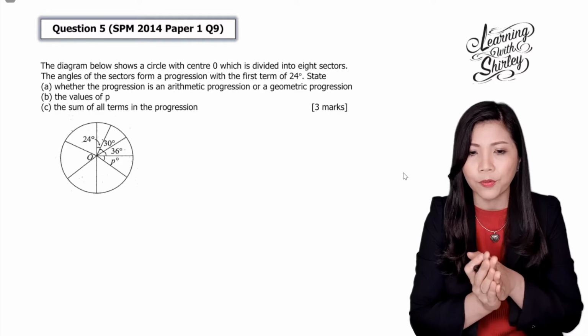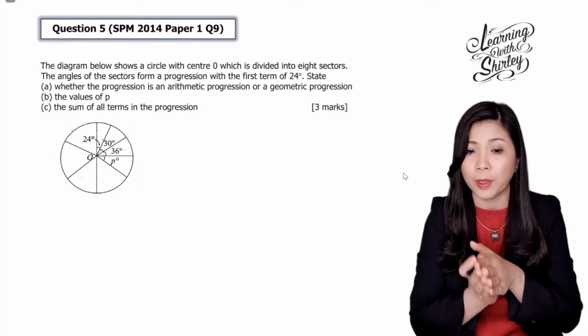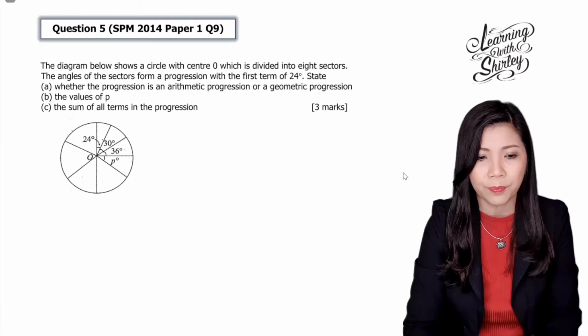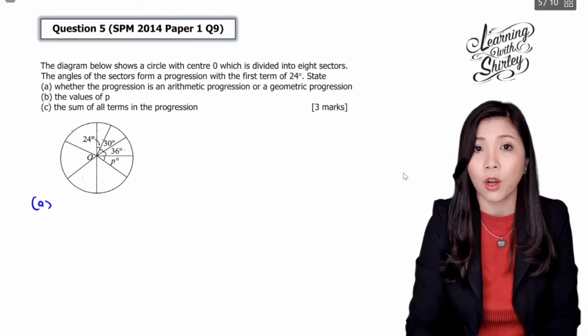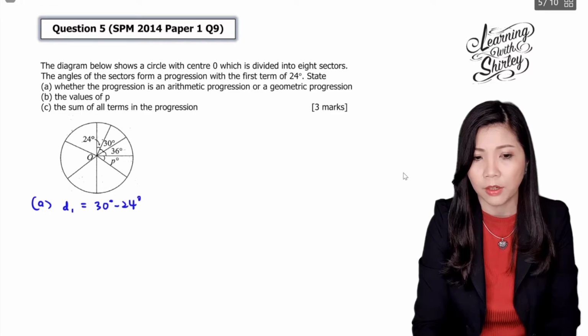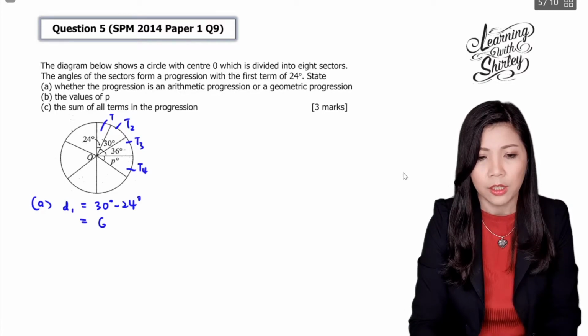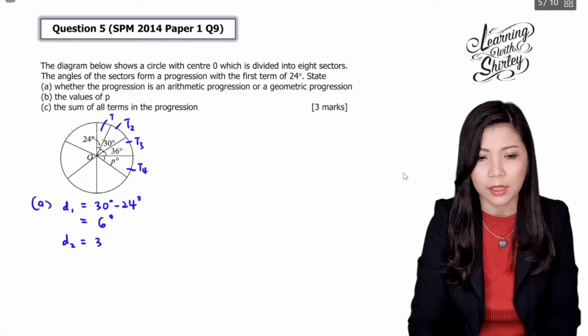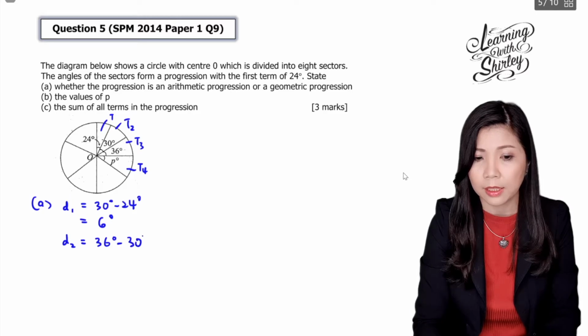So we've got to prove whether this is an arithmetic progression or a geometric progression. So I'm going to prove using arithmetic progression first. So I'm going to find my common difference. So the first common difference, I'm going to use 30 degrees minus 24 degrees, because this is T1, this is T2, this is T3 and this is T4. So it's a progression. So this is 6 degrees. And next I'm going to find D2 by using T3 minus T2, which is 36 degrees minus 30 degrees.